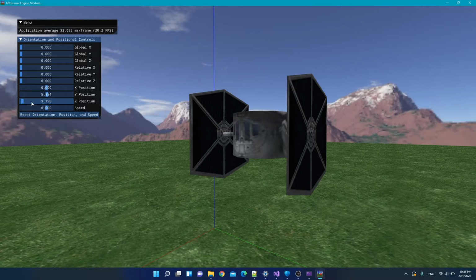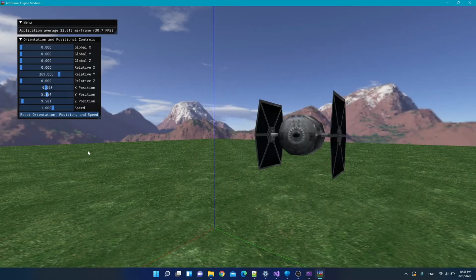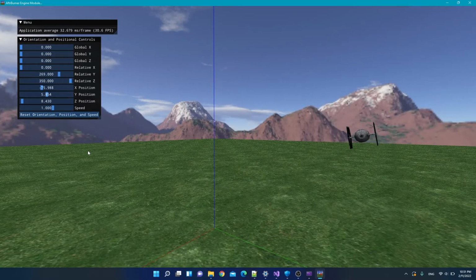So if I pick up the fighter here and get ready to send it off somewhere, we can hear, if I hold the G button, it will continue to emit the pings over time, like this.